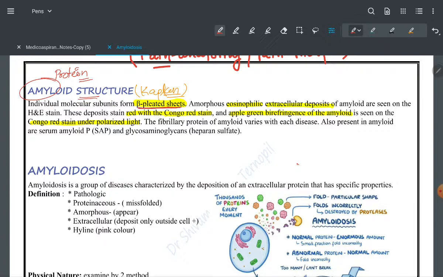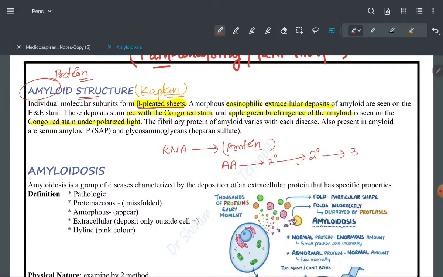Whenever you see this term, where is it used? In biochemistry, firstly we learn that RNA is responsible, and when it goes to translation, it forms protein from amino acids. This is the basic term which we study in biochemistry. But in detail, the amino acids are joined by peptide bonds and first form the primary structure. Then the polypeptide chain folds into a 2D structure, which is the secondary structure.